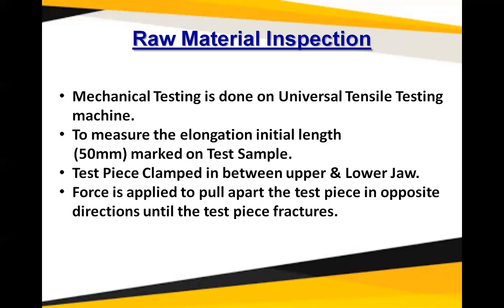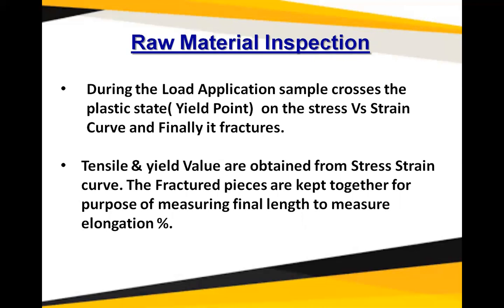Then this test piece is clamped between the upper and lower jaws of the UTM machine, and force is applied to pull the test piece apart in opposite directions until it fractures. During the load application, the sample crosses the plastic state, that is the yield point, on the stress versus strain curve, and finally it fractures.